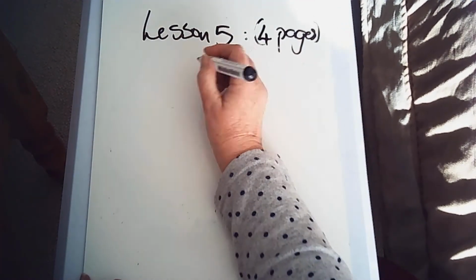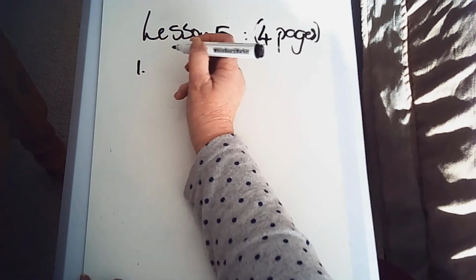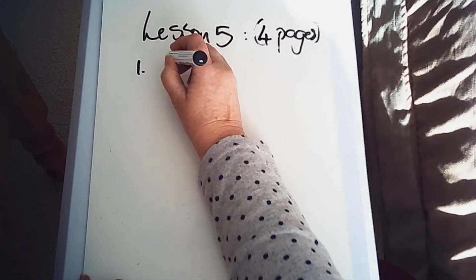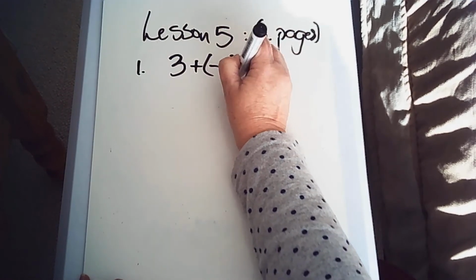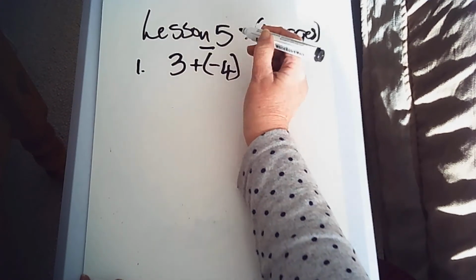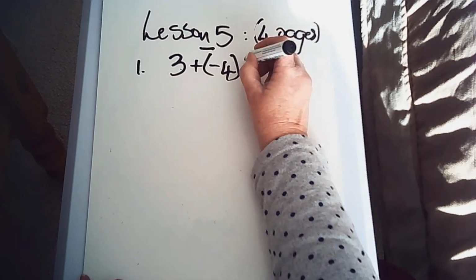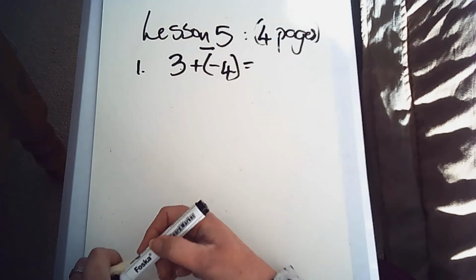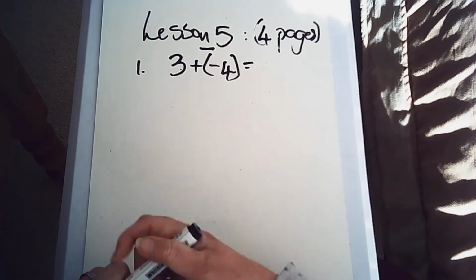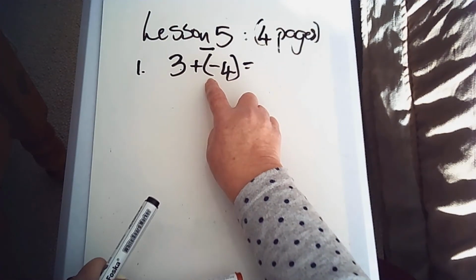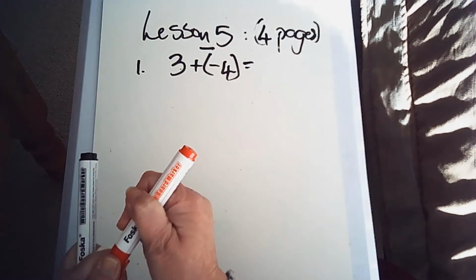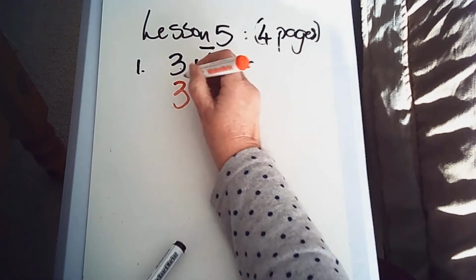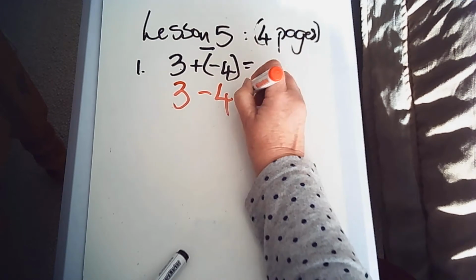There's how fast can you calculate is number 1. Okay, you're going to do that quickly. So if I say 3 plus minus 4, you know that plus minus is minus. So 3 minus 4, that means because the numbers are different, I've got a positive, I've got a negative, but this is now changed. So I've just got to look at 3 minus 4. How do I work that out?